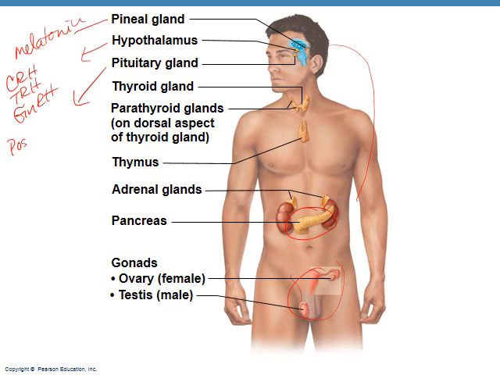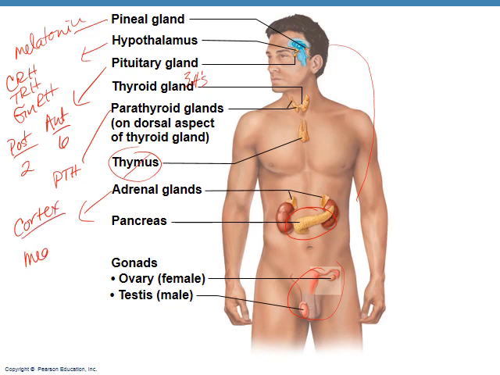Pituitary, what comes out of the posterior, what comes out of the anterior, list the 2, list the 6, parathyroid hormone, thyroid I missed, we should have 3 here, right? 3 hormones. The thymus we're not really going to talk about. Adrenal glands depends on if we're talking about the cortex or the medulla, right? So you should be able to name the 2 from the medulla, and you should be able to name the 5 from the cortex.